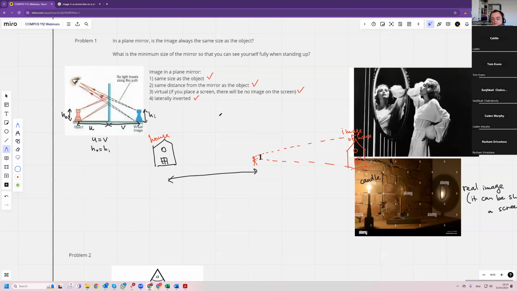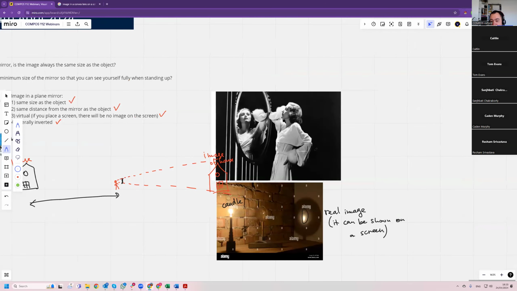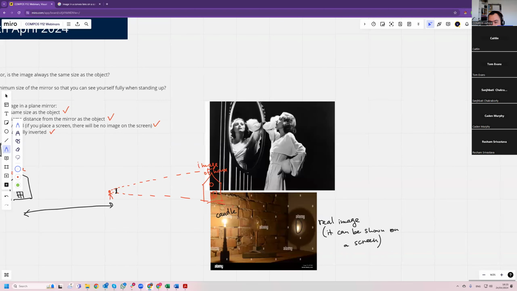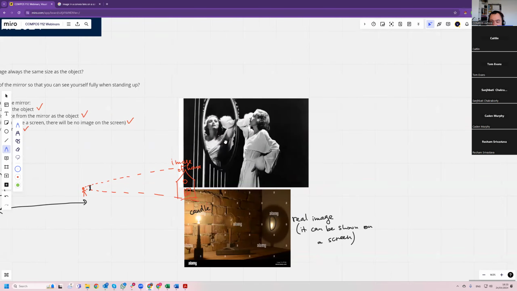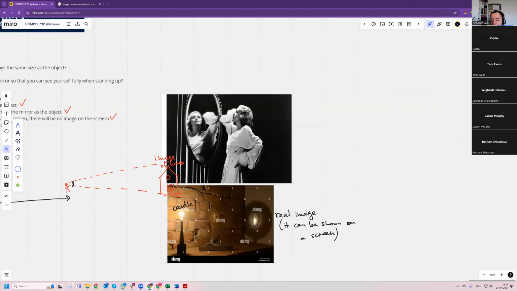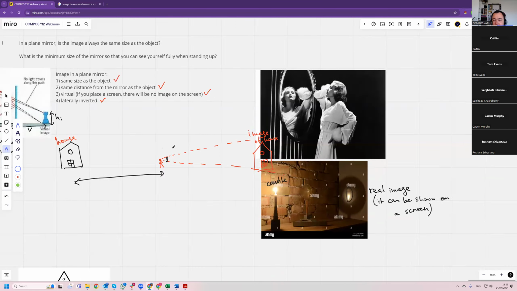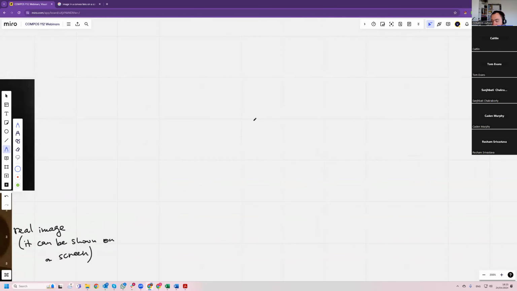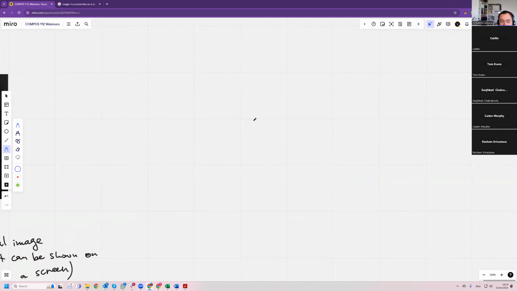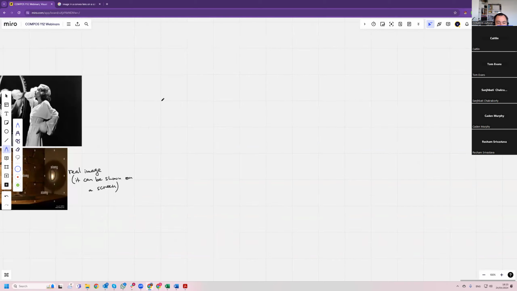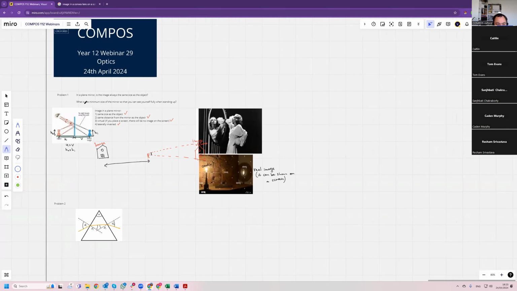What is the minimum size of a mirror so you can see yourself standing up? So clearly you can see that, well, we don't know what the lady sees. The lady might see herself fully standing, probably not. Anyways, how big does the mirror have to be in order for you to see yourself standing upright?